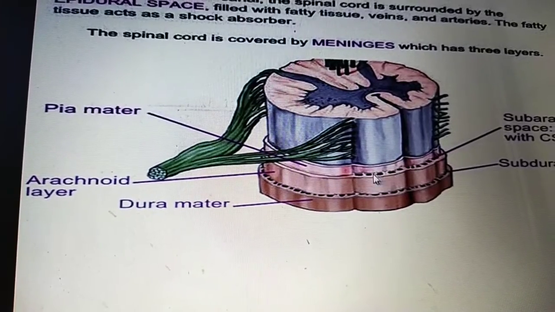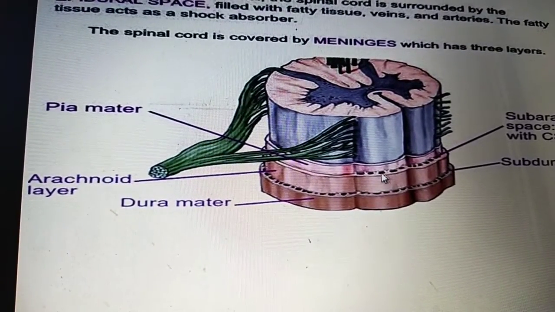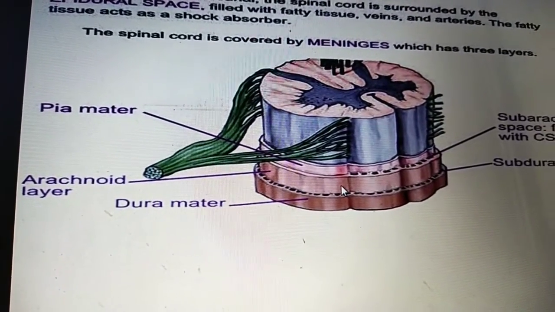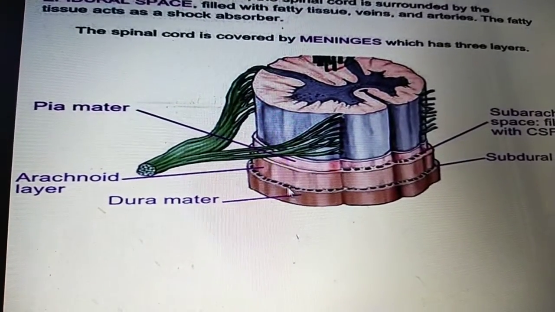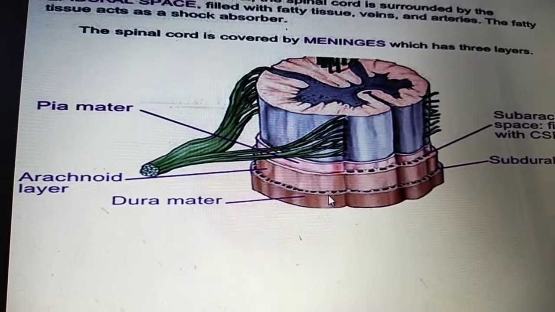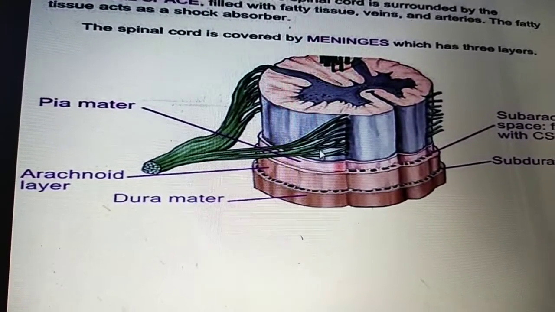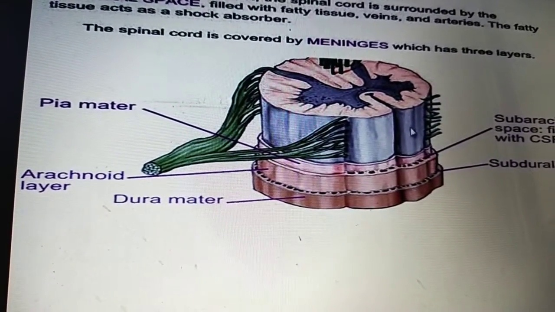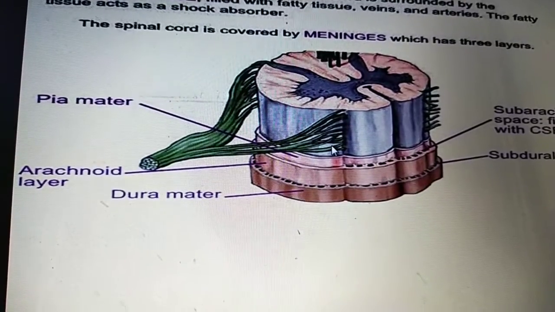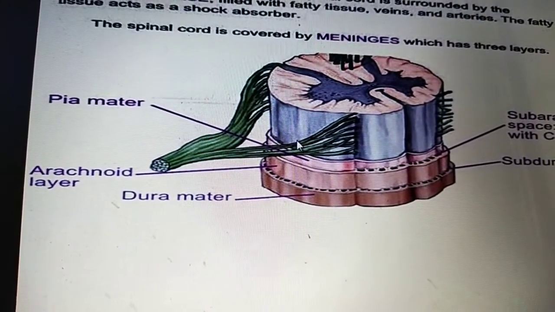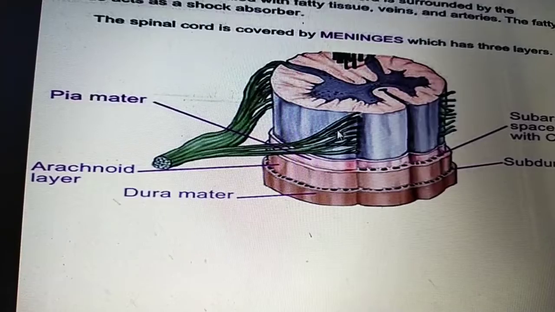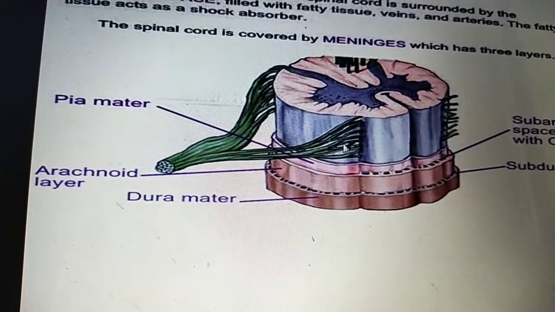That space is the subarachnoid space. Okay, and this is the pia mater. It covers the spinal cord, the white matter of the spinal cord, and nerves, or you can say the rami or horns of the nerve.